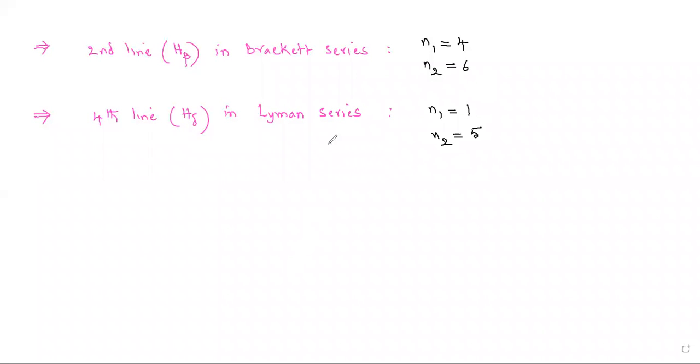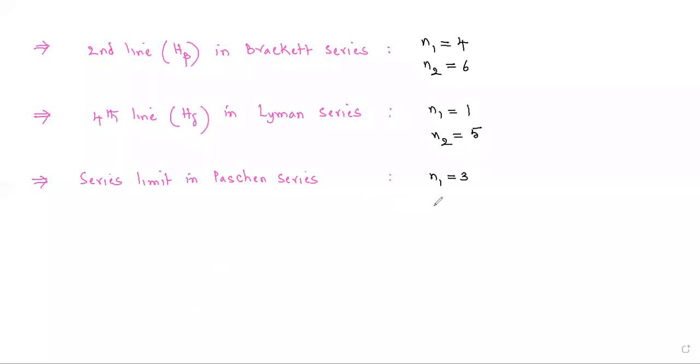Right? One last example. Supposing there is a series limit, I mean, the last line, say in a Paschen series, what are the N1 and N2 values for that? Because it is Paschen, N1 is 3.